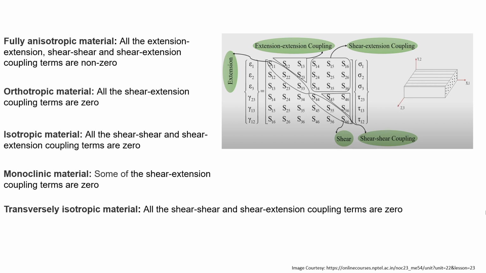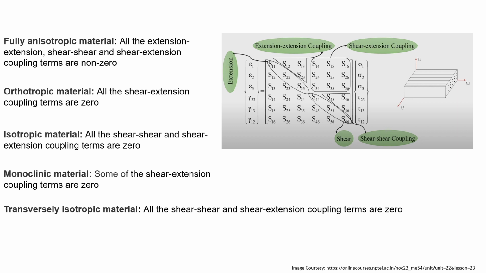Now, this relation matrix can be asked, where for different materials, which of the components are zero and which are non-zero. So from this matrix, you can see which terms are known as the extension coupling, shear and shear extension coupling. For a fully anisotropic material, all the shear and shear extension coupling terms are non-zero.